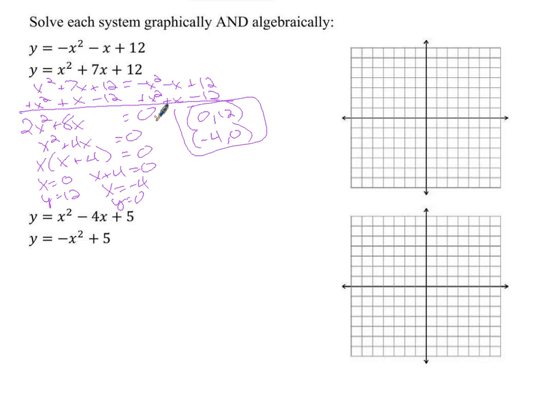So the next thing we need to do is graph this guy. Do you want to put these in vertex form, or do you want to graph them in standard form? Look at the problems. I have y equals negative x squared minus x.